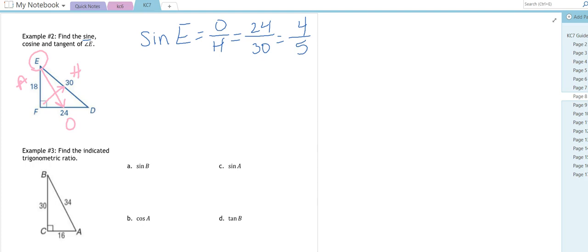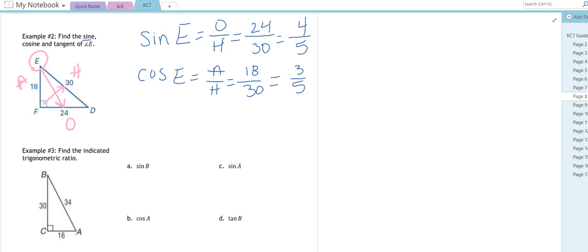And then I'm looking at the cosine. Cosine of E is the adjacent side over the hypotenuse. Adjacent to E was 18. Hypotenuse is still 30, that doesn't change. And 18 over 30 is 3/5.